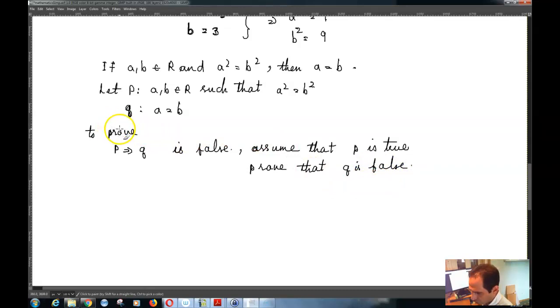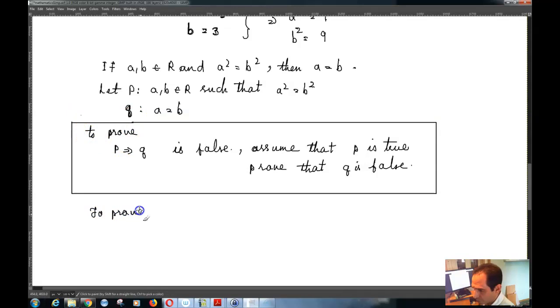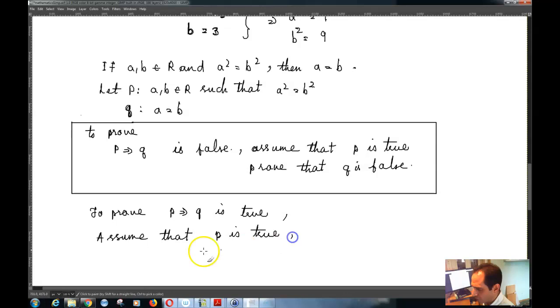Normally in the direct method, in order to prove that P then Q is true, you assume that P is true and then prove that Q is true.